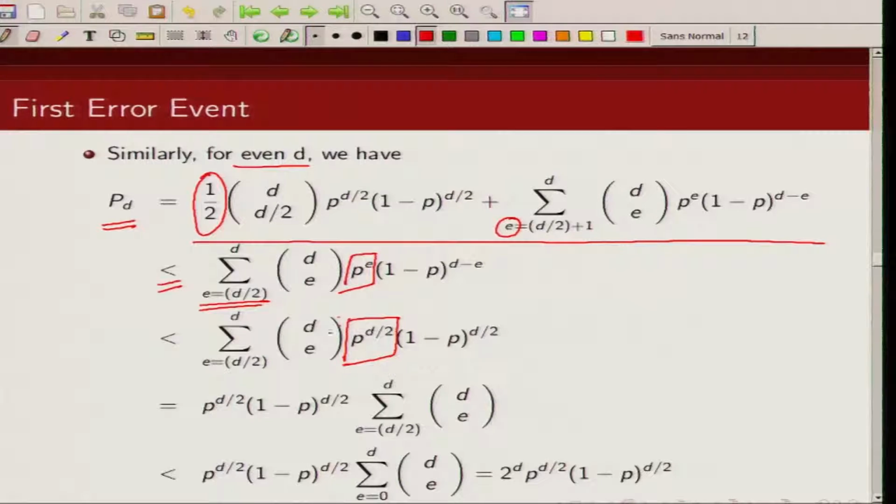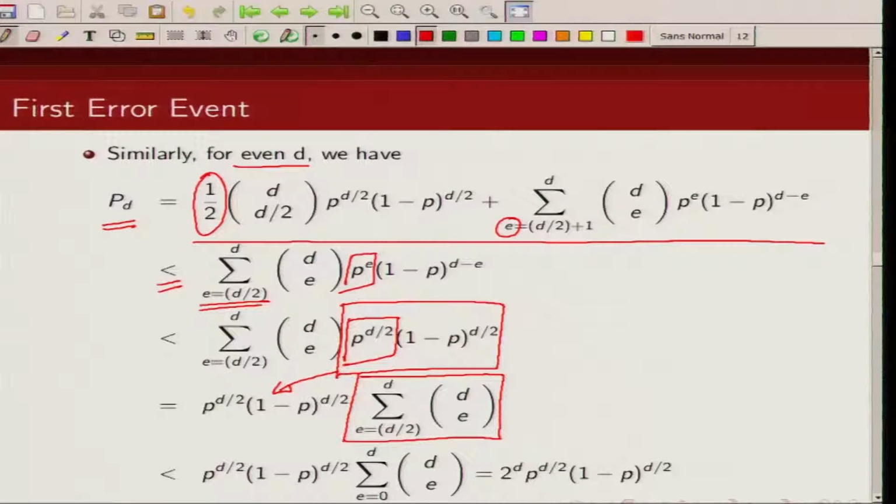Third thing which I do is, again like for the odd case, this term does not depend on e. So, I can bring it out. I brought it out, and what I am left with is this, and then I add terms from E0 up to d by 2. So, I replace this by this.